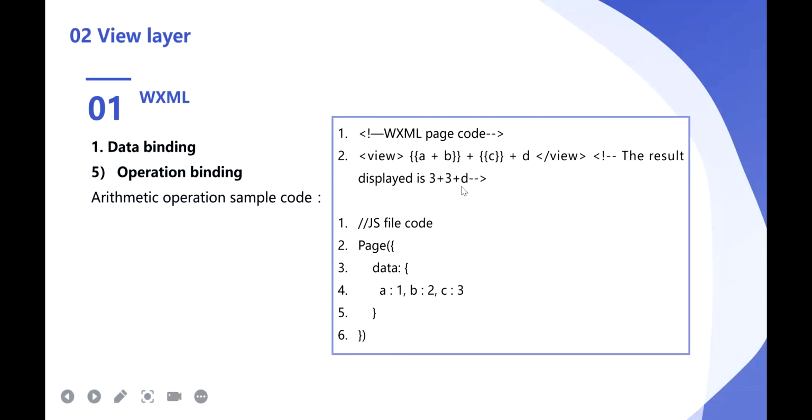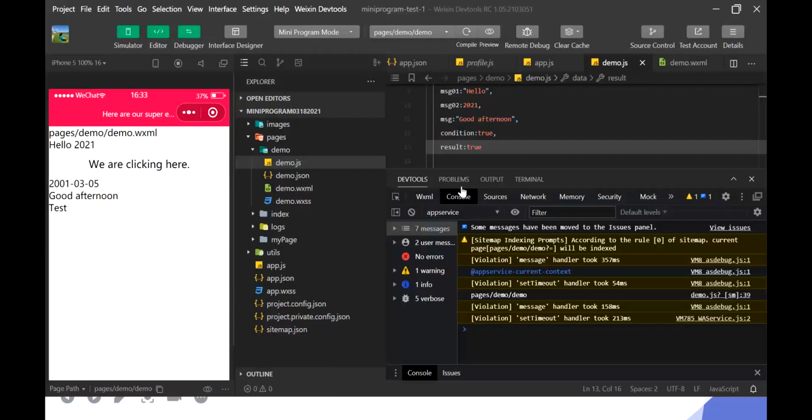In the JS file, as in the example, we set A as 1, B as 2, C as 3. Then we want to show some arithmetic results of these variables.